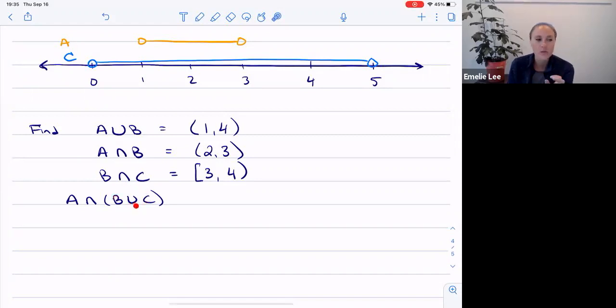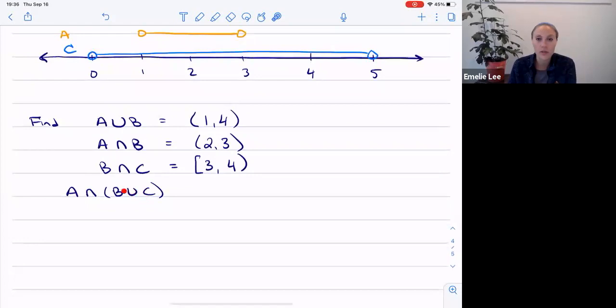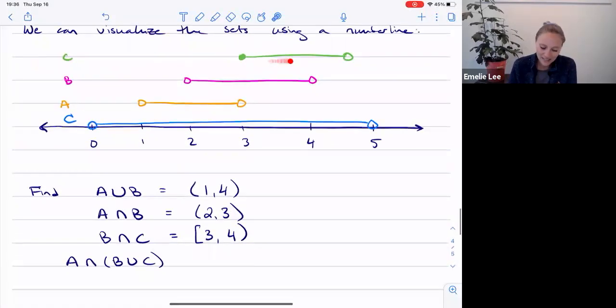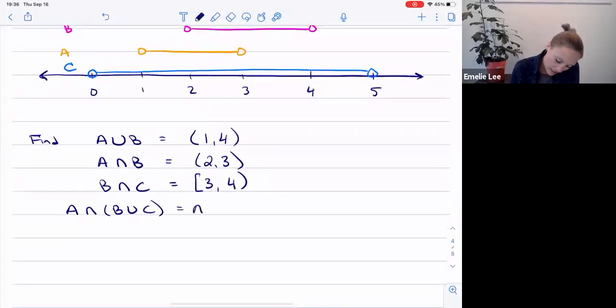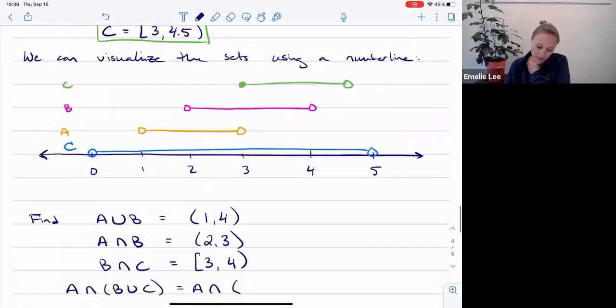I'm going to start inside those brackets, and then look at the intersection with A. If you find it useful, you could map another line here with B or C, but first I'm going to start with A and B or C. So it can be in B, starting here at 2, not including 2, or jumping up to C when I get there because it extends a little bit further, to 4.5. So it's an open interval from 2 to 4.5.